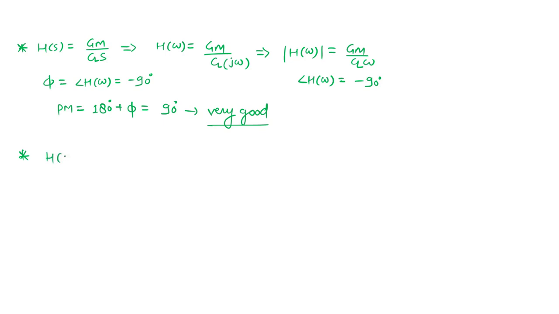So what is the second case? In the second case, my DC gain was GM by G naught, and my 3 dB frequency was G naught by CL.